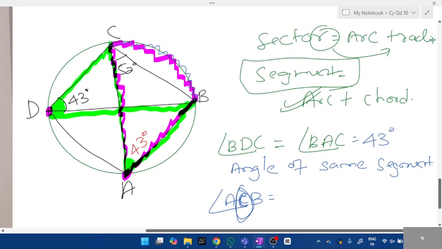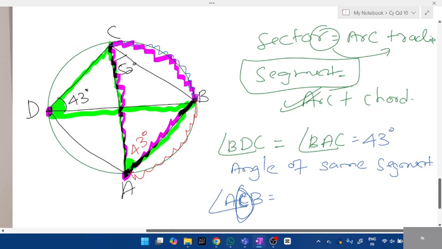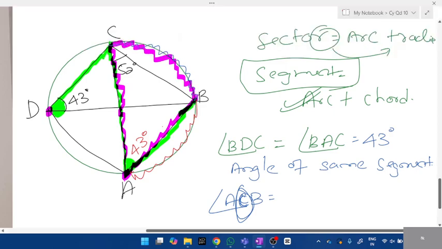Okay, Mariana, Mariam, Lemula. If AB is the base, students, what is the other angle formed on AB? Just extend the line, students. Extend the line from B. From B, where is it traveling to?